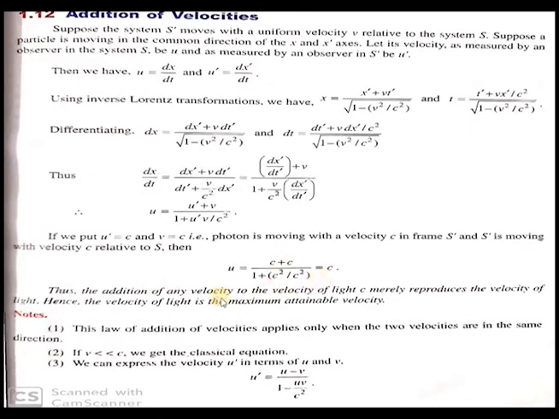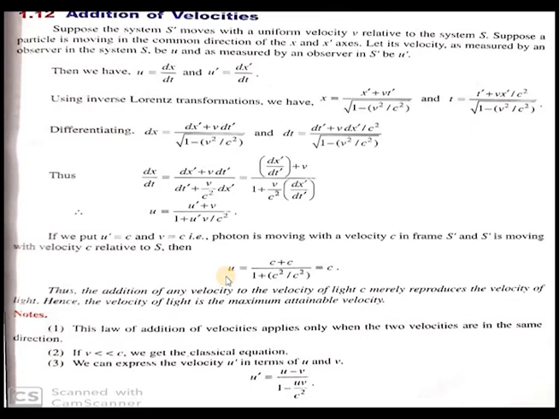Thus the addition of any velocity to the velocity of light, c, merely reproduces the velocity of light. Relativistic addition of velocities gives the result that the velocity of light is the maximum attainable velocity.